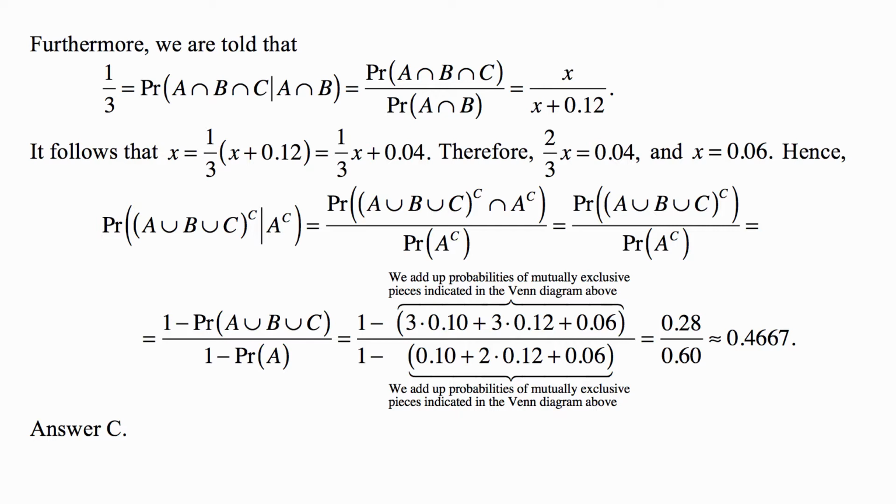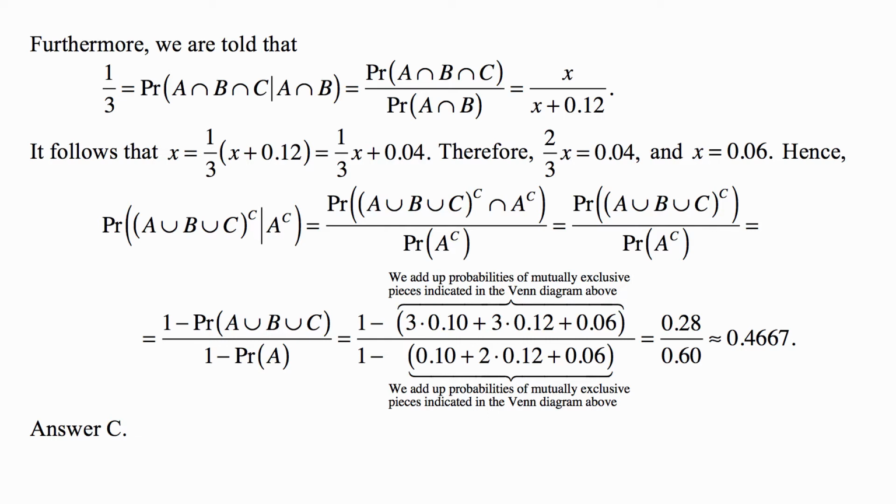And then to find the probability of A union B union C and the probability of A, we just add up all the mutually exclusive pieces in them, because one of them is X. We didn't know it before, but now we do, and we can just add it up. So this ends up being 1 minus 3 times 0.10, minus 3 times 0.12, minus 0.06. 0.06 is X. And at the bottom is 1 minus 0.10 minus 2 times 0.12, and minus 0.06.